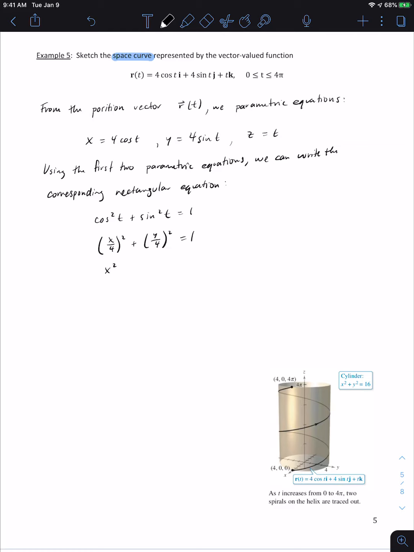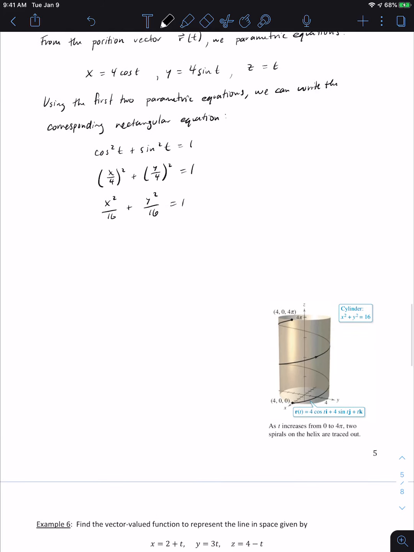So I get x squared over 16 plus y squared over 16 equals 1. Since the denominators are the same, it makes sense to clear out the denominators and get x squared plus y squared equals 16. And what's that shape? That is a circle of radius 4 centered at the origin.